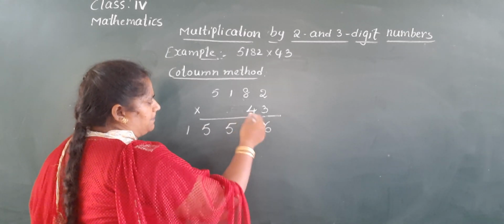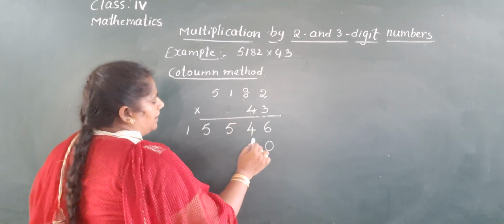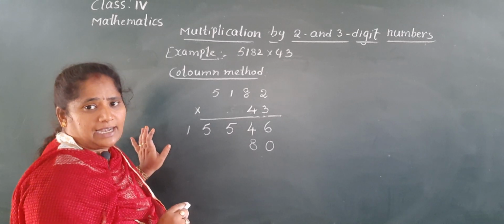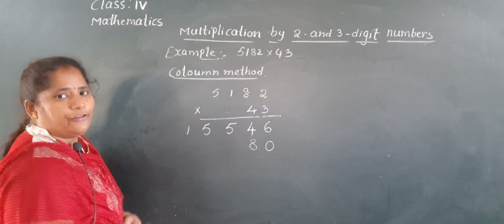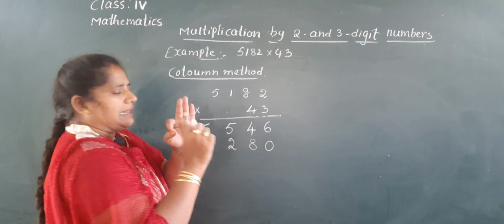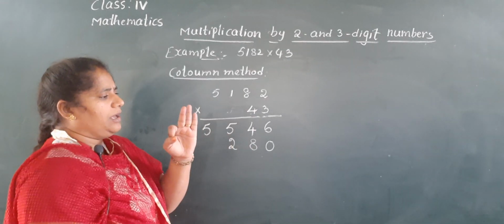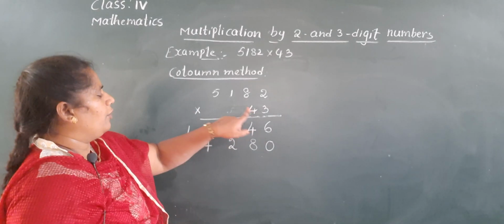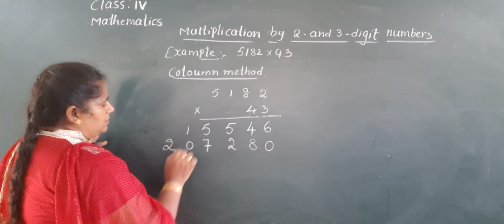We start with the tens place, so we should keep 0 in the ones place. 4 2s are 8. 4 8s are 32. If you learn the tables perfectly, then only can we do the multiplication easily, children. Okay, ma? 4 8s are 32. 3 in hand, 2 is down. 4 1s are 4, 5, 6, 7. Next 4 5s are 20. So 2 0.